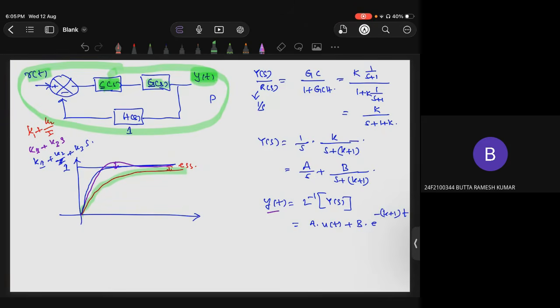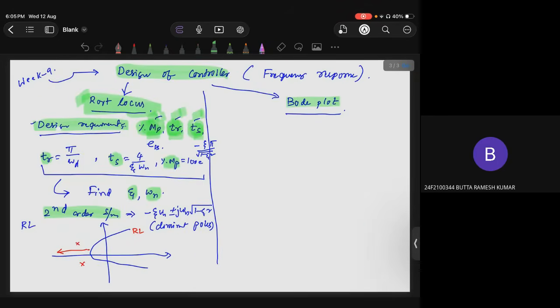There is no correction in the output. You want the system that corrects the feedback signal, that is the controller. So we know these two techniques, root locus and Bode plot, and we will design this controller using them.